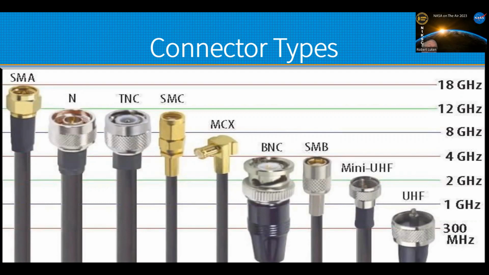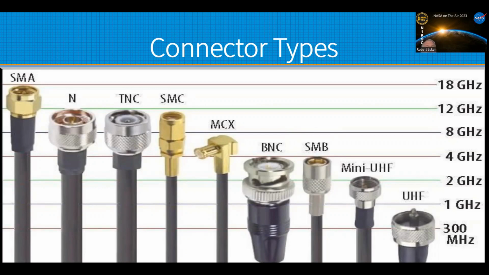It turns out the SMA is good for almost 18 gigahertz. And you find those a lot inside high frequency equipment to connect stuff together internally. There's an N connector, can't see too well, but the center conductor is circular instead of a pin. So they made it a little bit different.